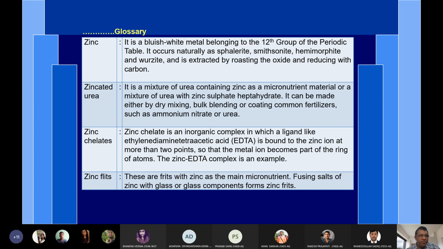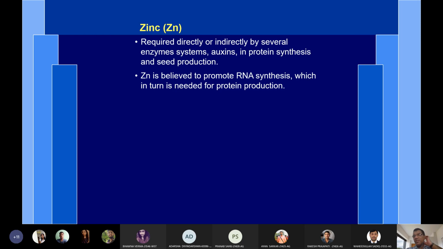We will discuss the zinc fertilizer and see the essential role of zinc. It is required directly or indirectly by several enzyme systems. It is necessary for formation of auxins like indole acetic acid, in protein synthesis, and in seed production.